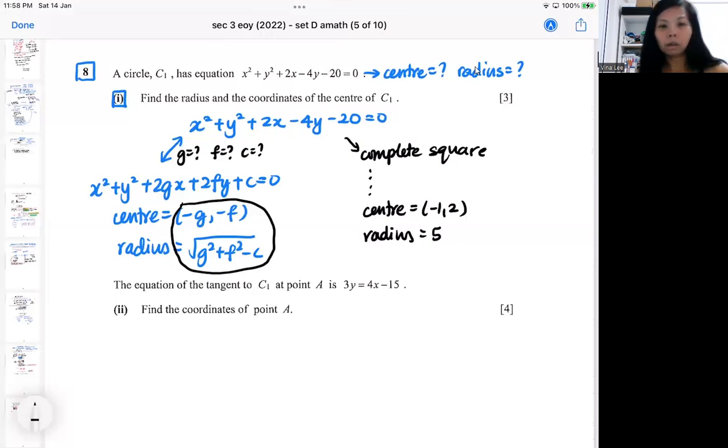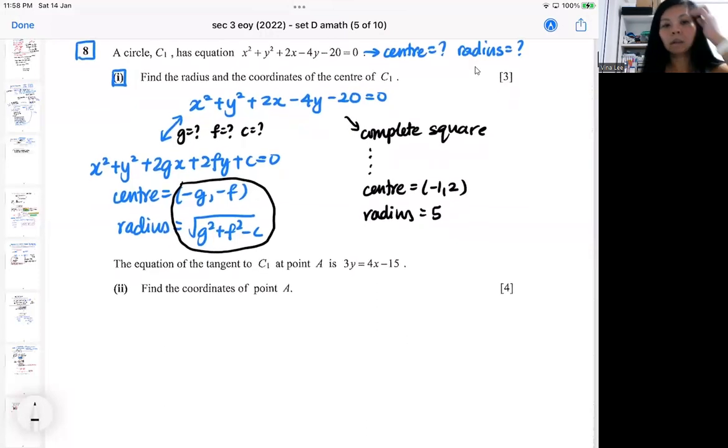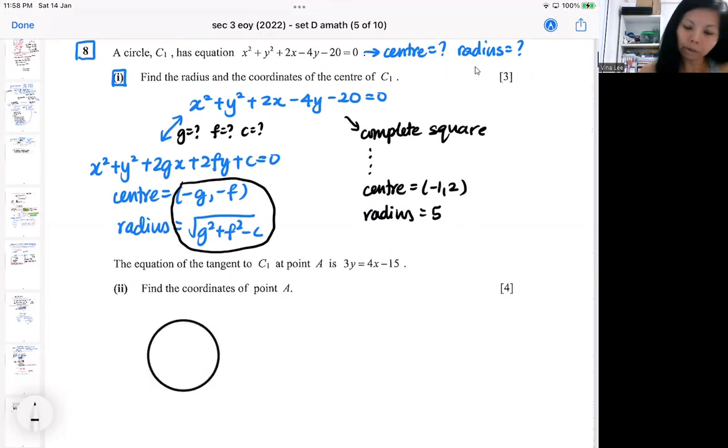The next part talks about a tangent to the circle. So this will be the circle, and then the tangent looks like this.